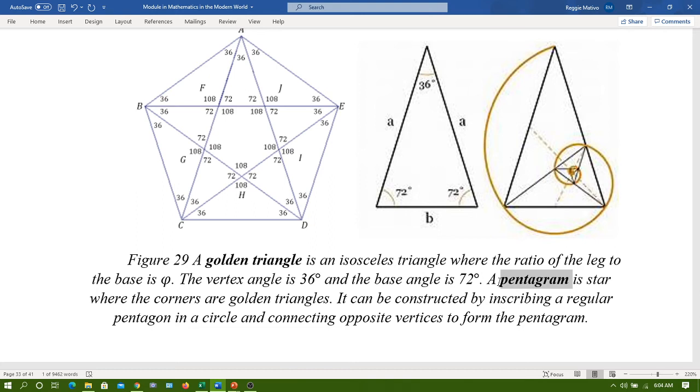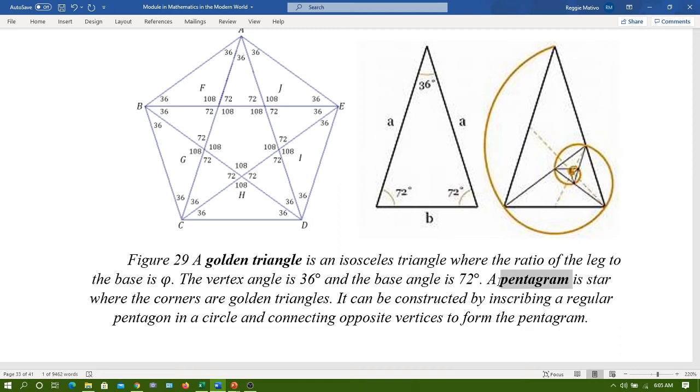You draw a regular pentagon. When we say regular polygon, it means that all sides are equal. So regular triangle, regular pentagon, regular hexagon, regular heptagon, all those mean that their sides are equal. So if you are asked to draw a regular polygon, ask them how many sides, then all the sides should be equal.